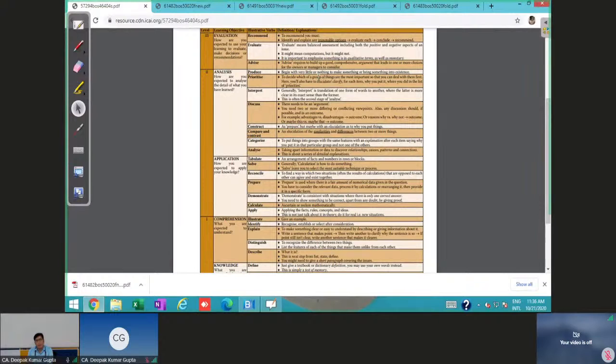In level 2, calculation is the first step, then analysis. Analysis means linking of figures, and at level 3, getting a conclusion from the analysis.